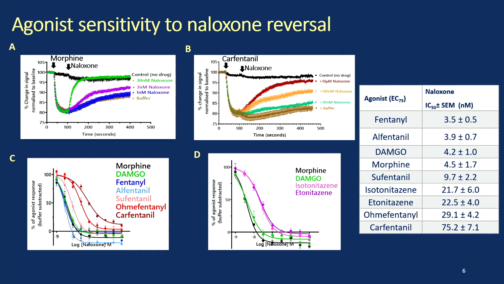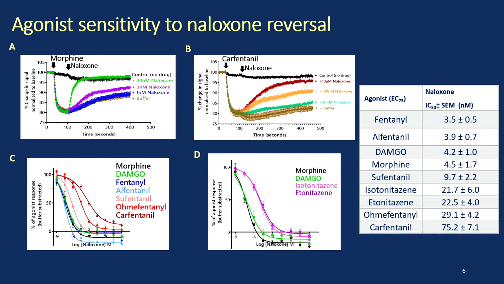You see here the data at the bottom for all the ligands for fentanyls. So what we found is that morphine, DAMGO, fentanyl, and alfentanil were equally sensitive to naloxone. However, sufentanil required higher concentrations of naloxone, followed by remifentanil, and the least sensitive was carfentanil.